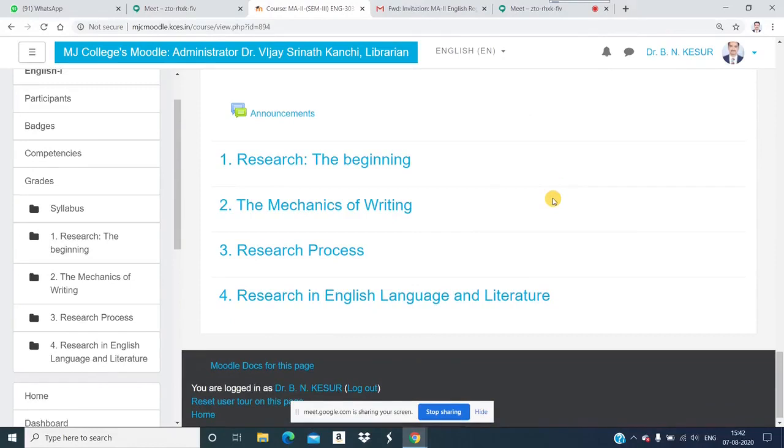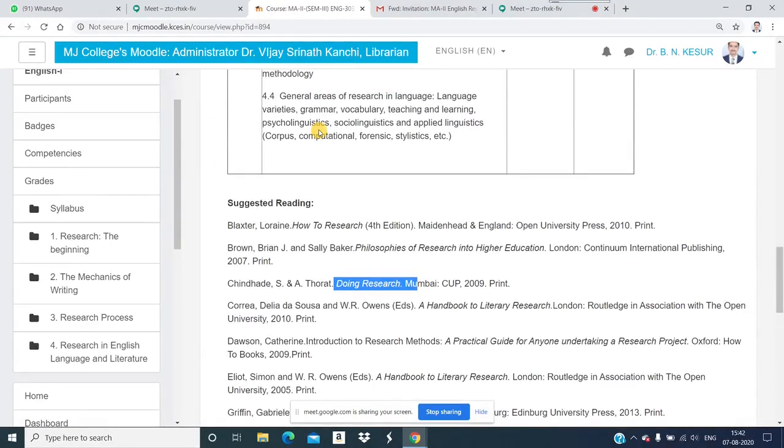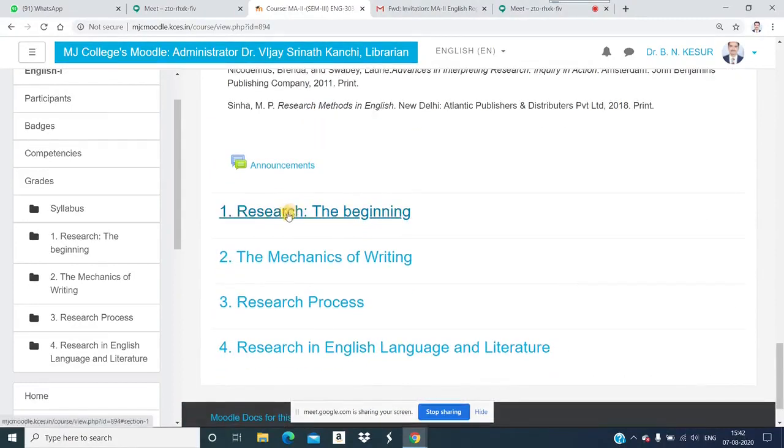Now in this particular course, I have just created this course on the LMS system, that is Moodle. Okay, so here you can see the research, the beginning, the first unit. I have just added the units, and when we have discussion on each topic, I will add the material or resources which are available with me for that unit.